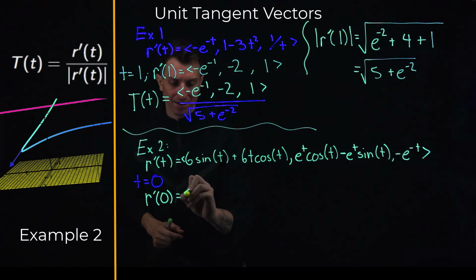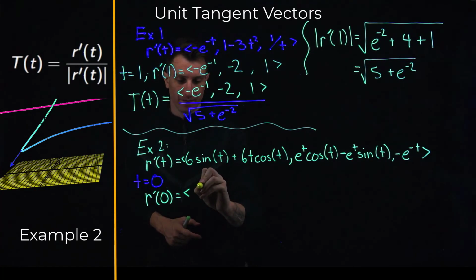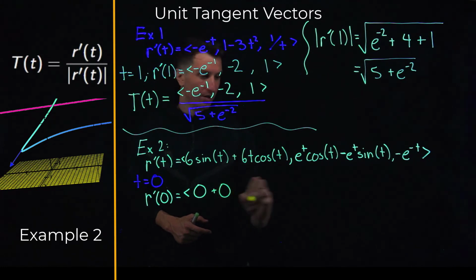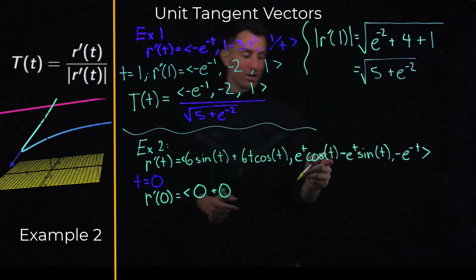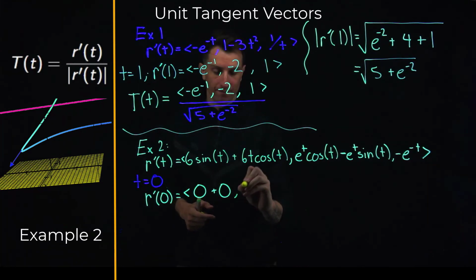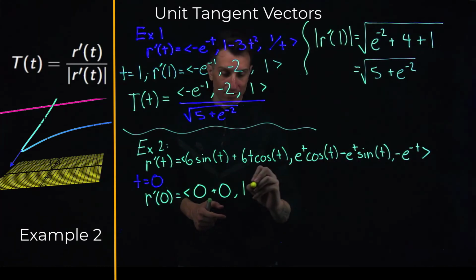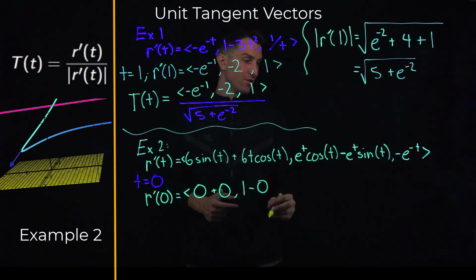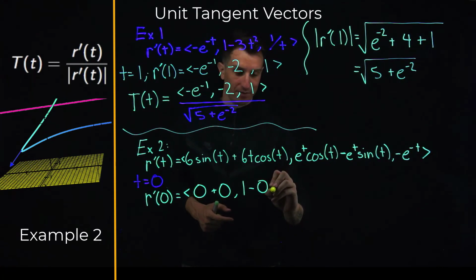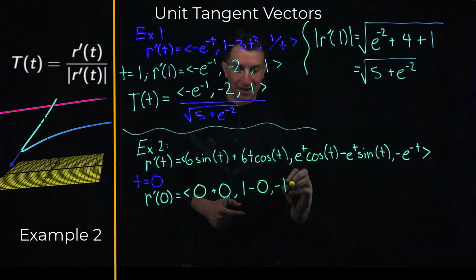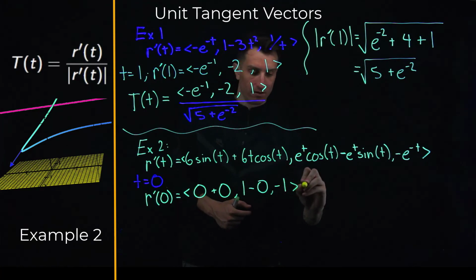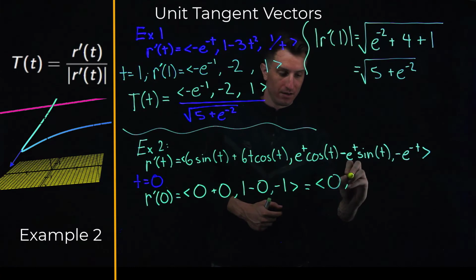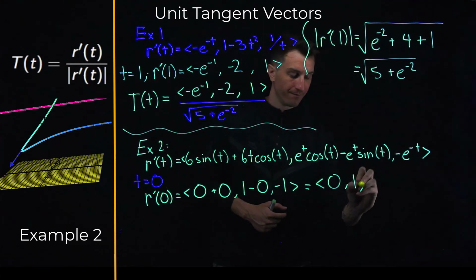And I think we did this on the previous problem, but just so we don't forget. 6 times 0, well, that's also going to be a 0. Right, e to the 0 is 1, cosine of 0 is 1, minus 0, and we have e to the 0 is going to be 1 times a minus sign, negative 1. So we end up with the vector 0, 1, negative 1, right?